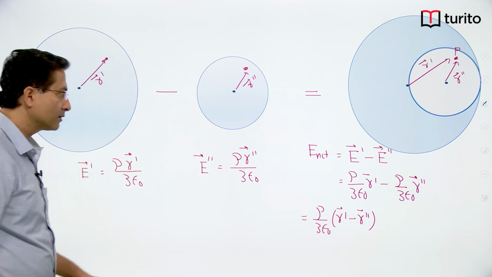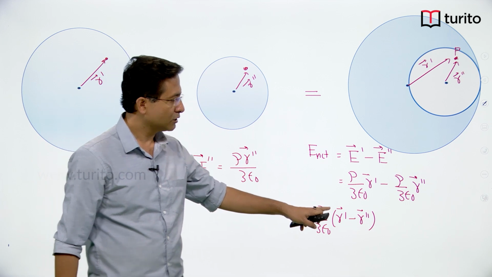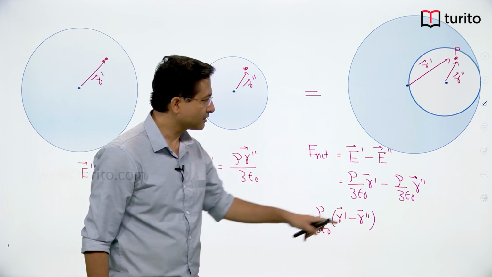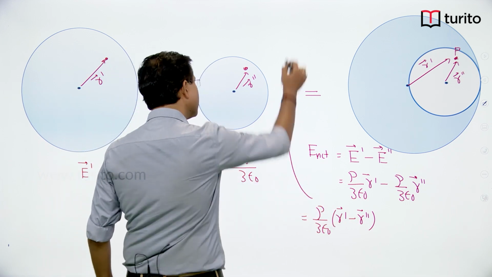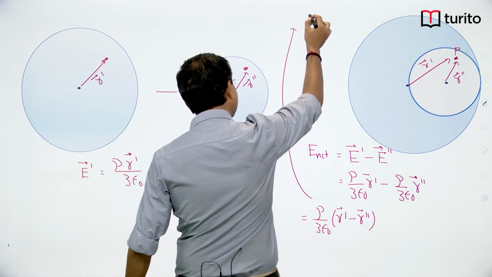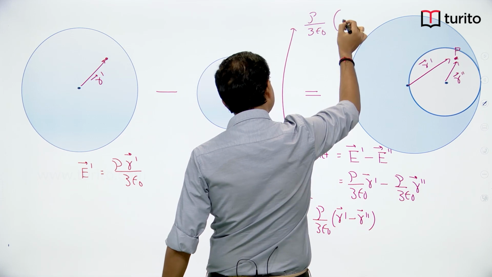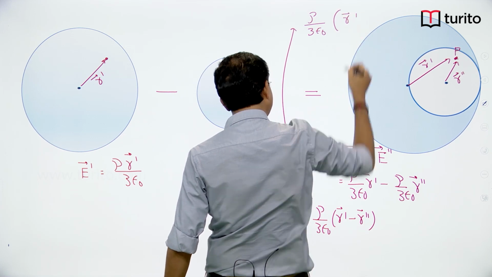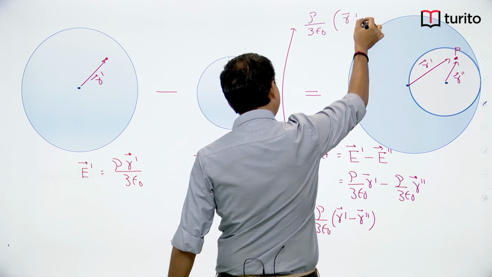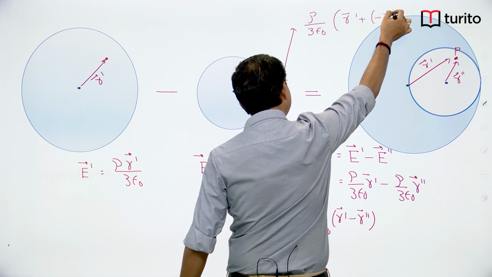Now, look at this one, subtraction of two vectors can be written as addition of two vectors with the reverse direction of the second one. I will reverse the direction of the second one and I can write it this way.